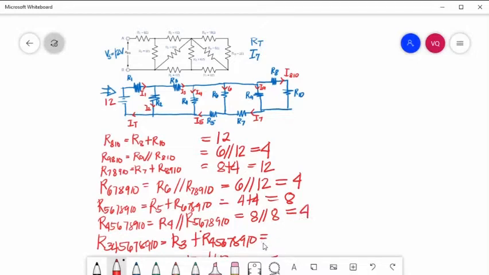Then in series with R3, which is 4. So 4 plus 4 equal to 8. Then in parallel with R2, which is 8. 8 in parallel with 8 is 4.